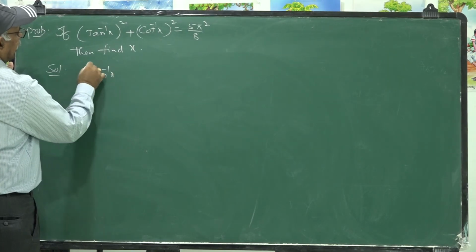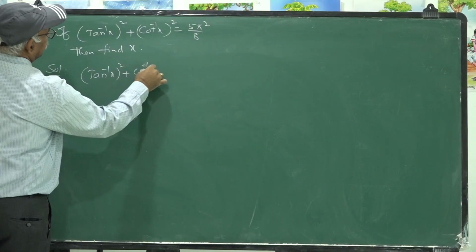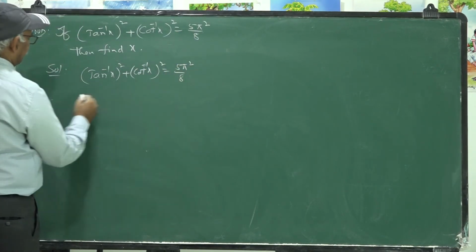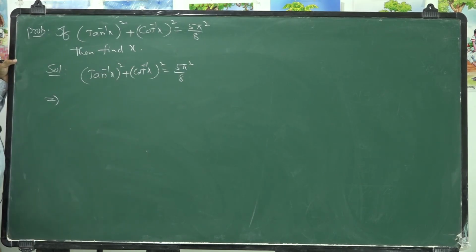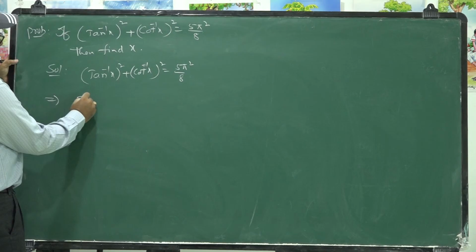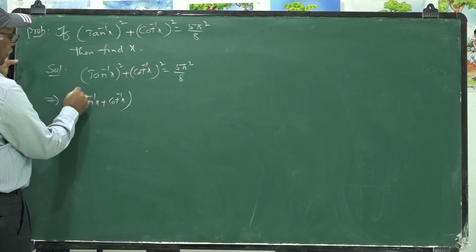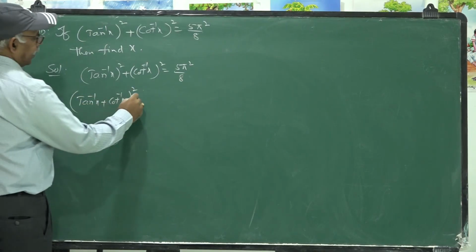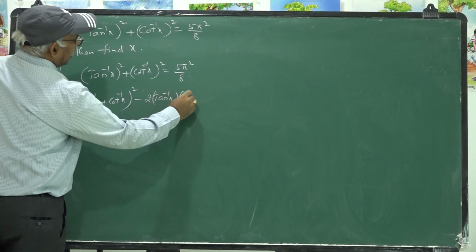Now tan inverse x whole square plus cot inverse x whole square is 5 pi square by 8. This is of the form a square plus b square. A square plus b square may be written as a plus b whole square minus 2ab. That means tan inverse x plus cot inverse x whole square minus 2 tan inverse x into cot inverse x.